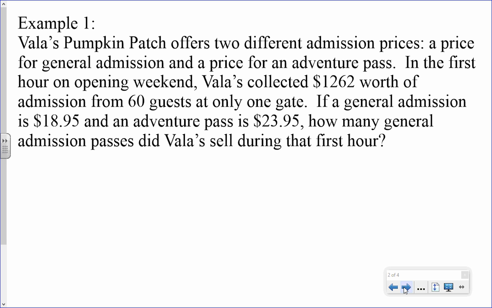Let's talk about important information. What's important in here? 60 is important. There are 60 guests. What else is important? Okay. The amount that they took in. Price of an adventure pass. Okay, price of an adventure pass. What else?